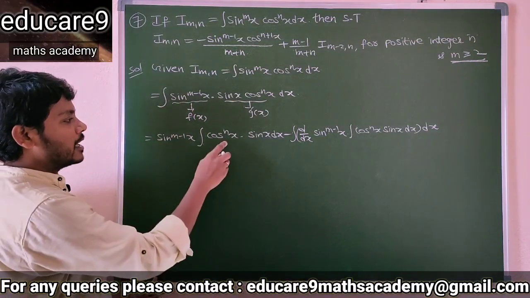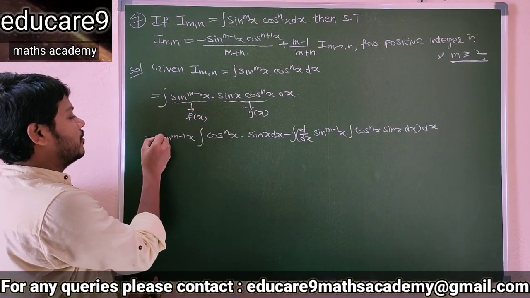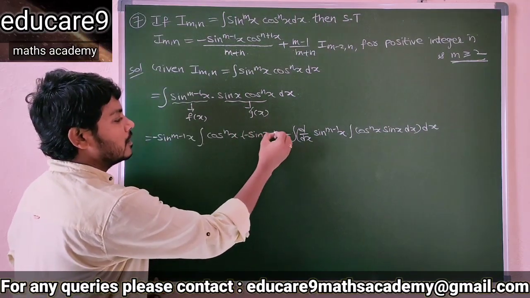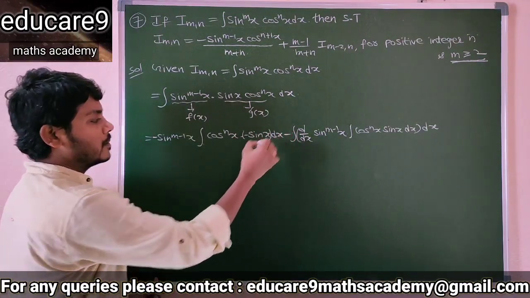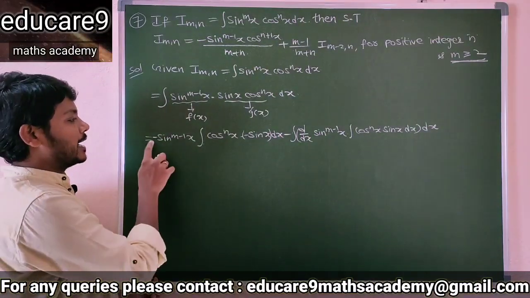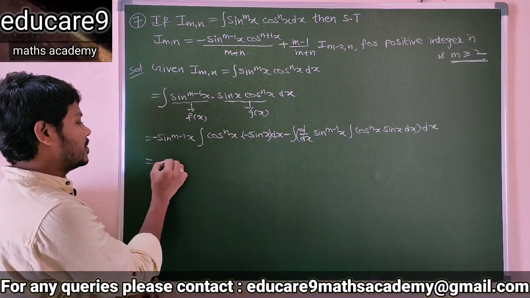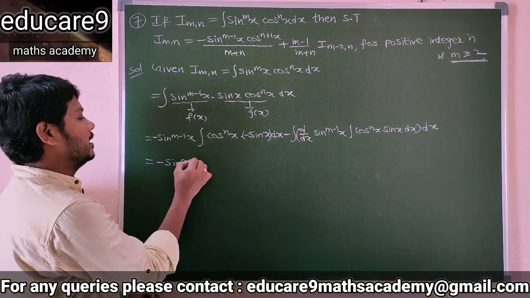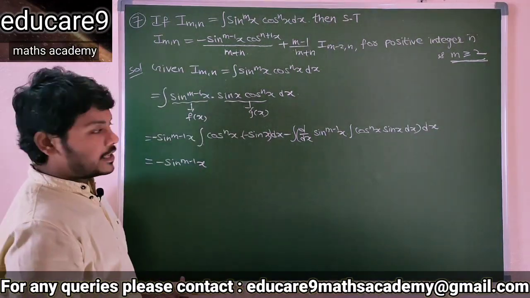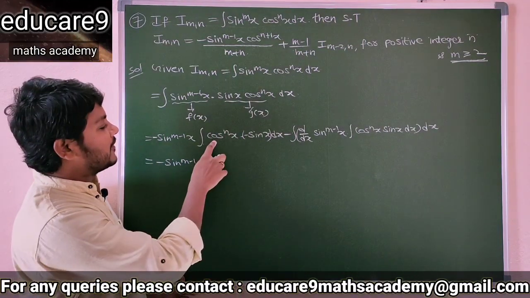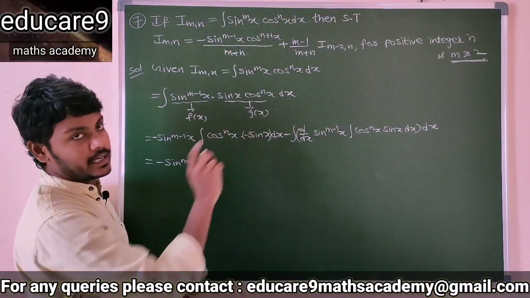Now see here, multiply and divide by minus, so you write minus into minus. So what do you get? See here, this is minus sin^(m-1) x. So write it in the form of f(x) whole to the power n into f'(x). f(x) is cos x, derivative of cos x is minus sin x.